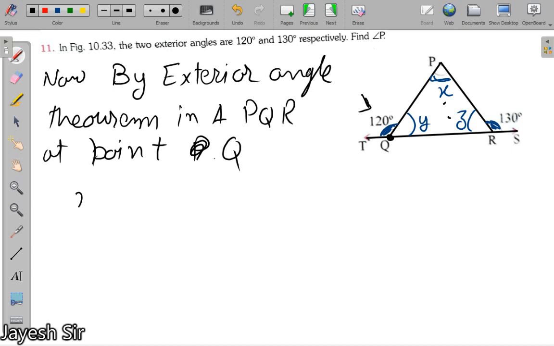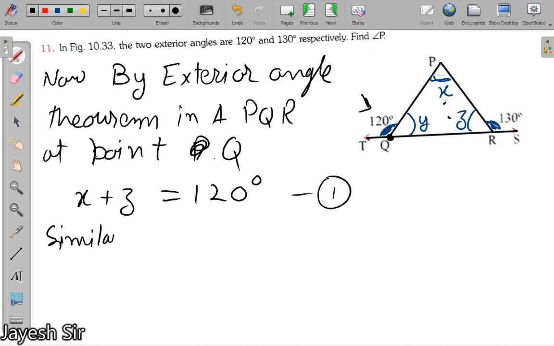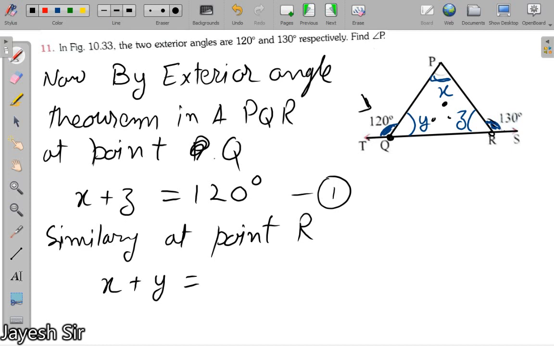So x plus z is equal to 120 degree. First equation. Similarly, at point R, again 130 degree is the exterior angle, so it should be the sum of both the angles opposite to this angle. So angle x plus angle y is equal to 130 degree.